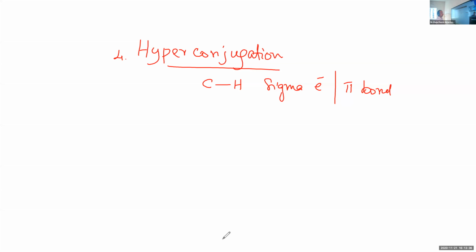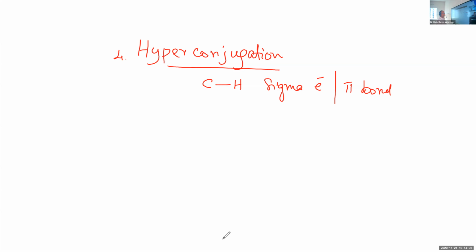So the delocalization of the carbon-hydrogen sigma bond with a conjugated pi bond. Conjugate means alternate pi bond. That's called hyperconjugation.